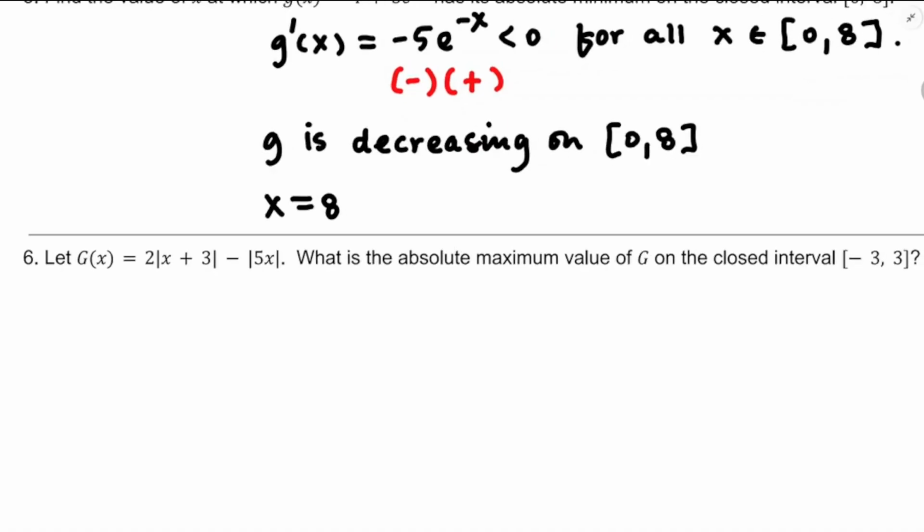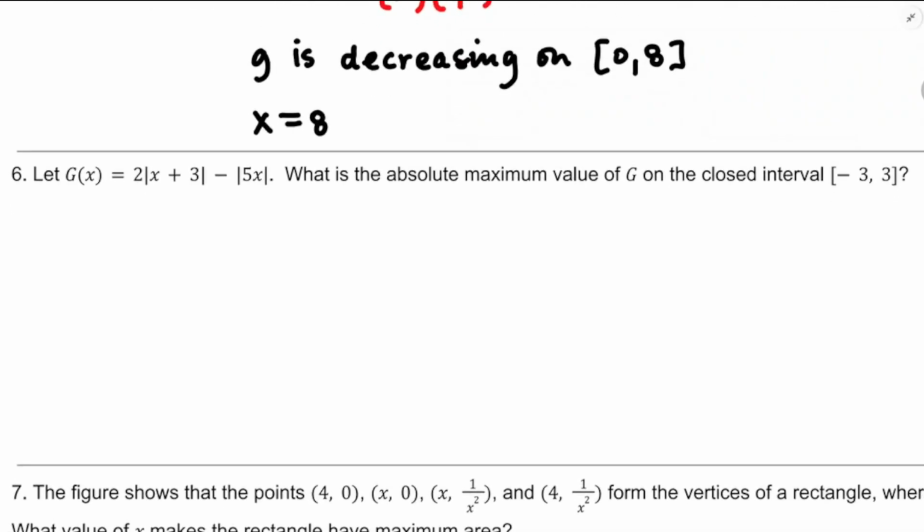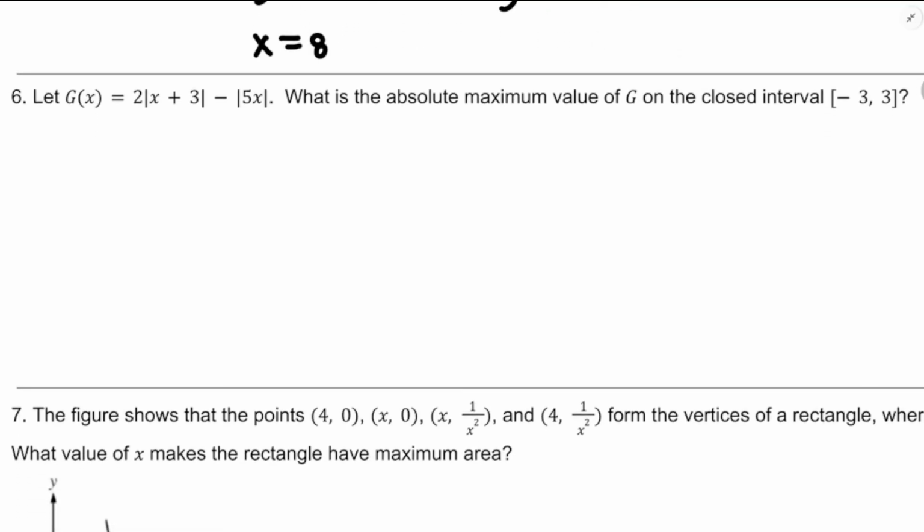Now over here, if you graph these ones with multiple absolute values in them, they have strange looking graphs. So here we've got g of x equaling this thing here, and we're asking what is the absolute maximum of g on the interval negative 3 to 3.